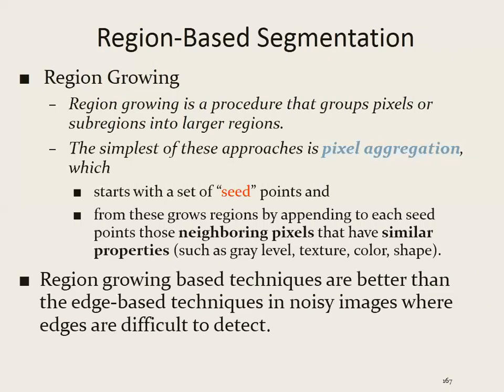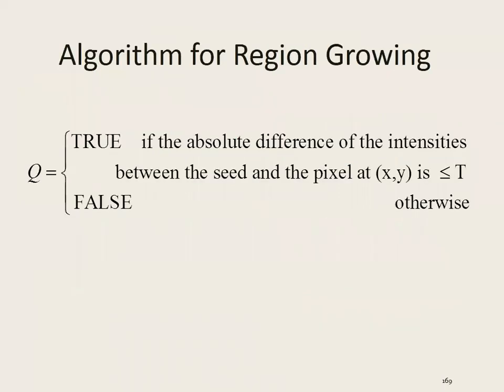Again, these things are left for experimentation. We have to experiment and identify where to start and how to consider two or more pixels similar to each other. So mostly digital image processing is experimental research.